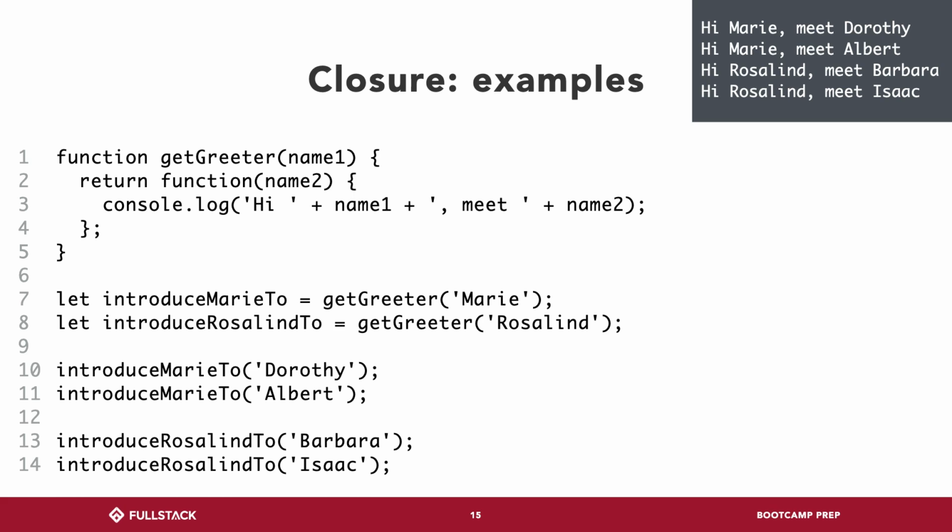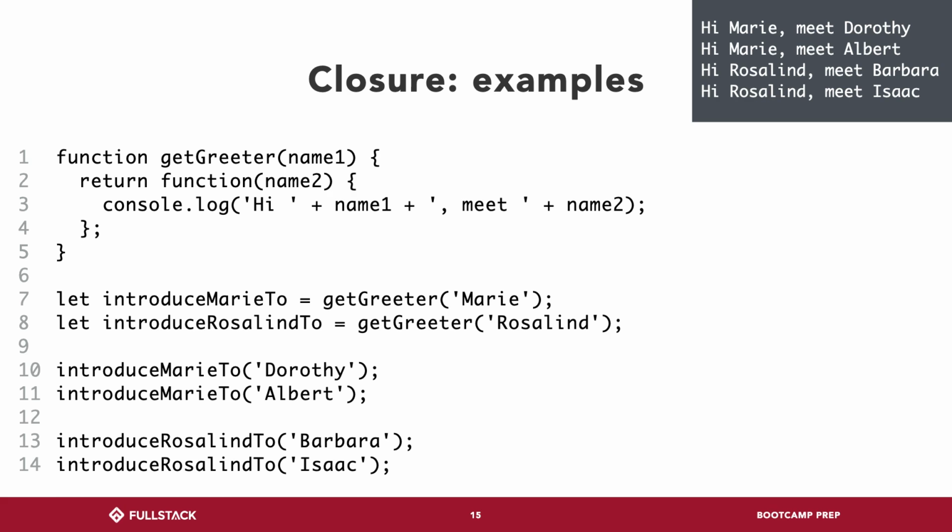Now when you're calling, you agree that these two variables will be equal to this function, right? But you're passing in Mary to the first one, and you're passing in Rosalind to the second one. That's name1. So you know that the console log will be hi Mary, meet whoever. So now this naming makes more sense when you read it like this.